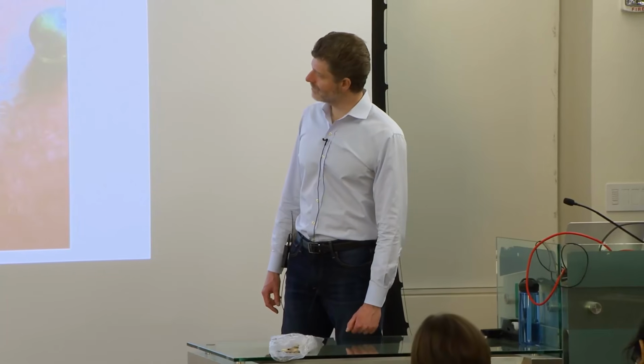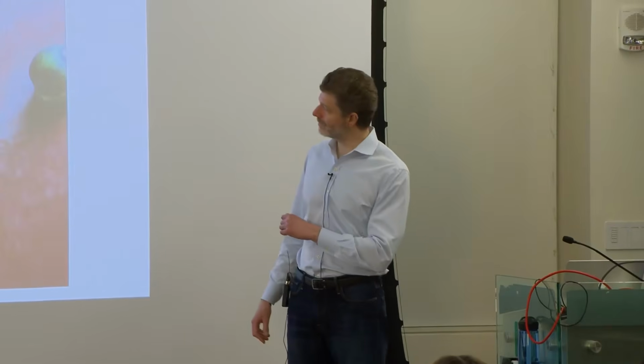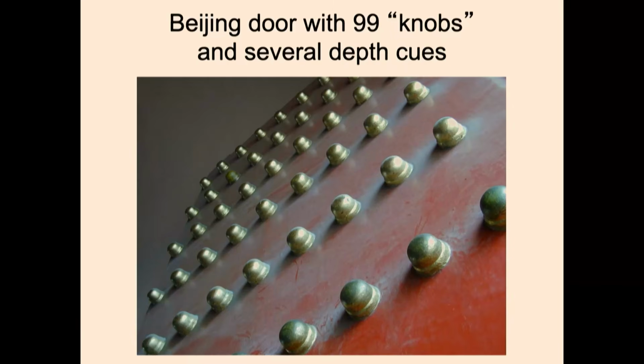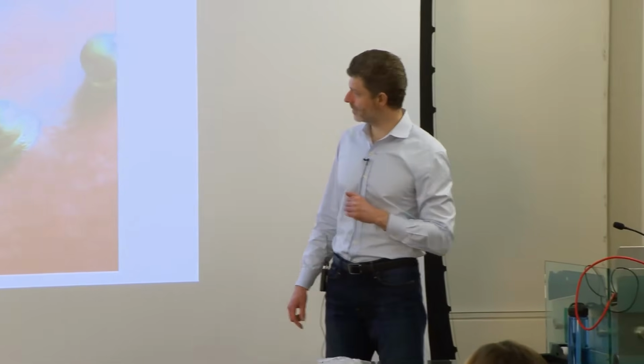What else? Size, yeah. So this is kind of like a texture gradient, sort of. What else? Anything? Sort of linear perspective, because the knobs are arranged in these lines and those converge.